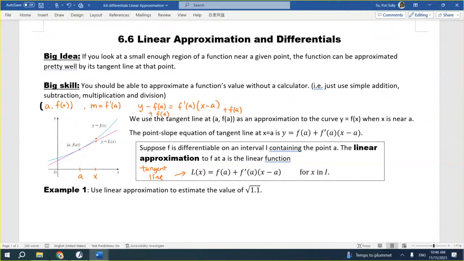And if my x gets closer to a, they're almost the same, right, everybody? So this class is about how we use the tangent line to approximate the function value when x is near the point a. So print out the 6.6 worksheet and let's continue in the next class.